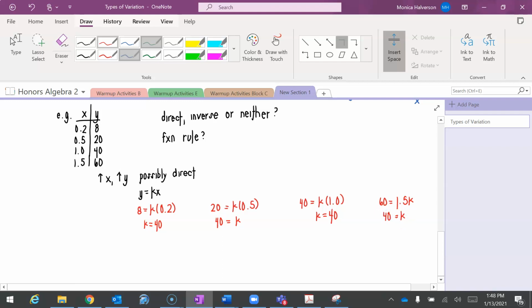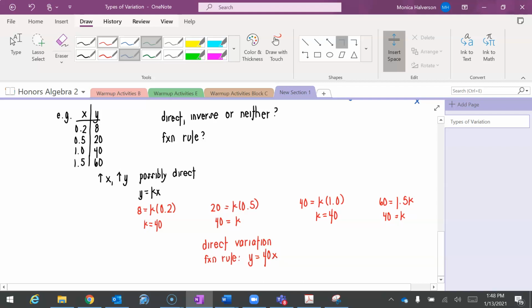They all have the same k value, so it was definitely direct variation. All right, and we found the k value to be 40. So our function rule is going to be y equals 40x.